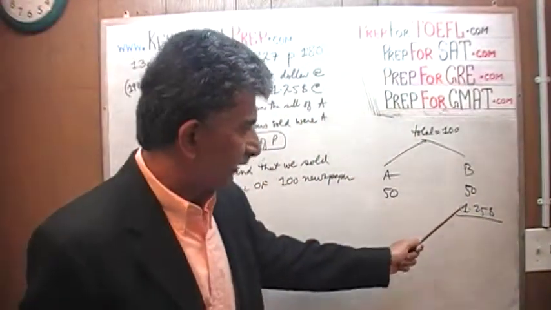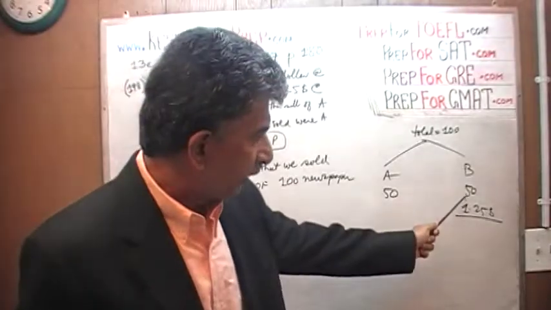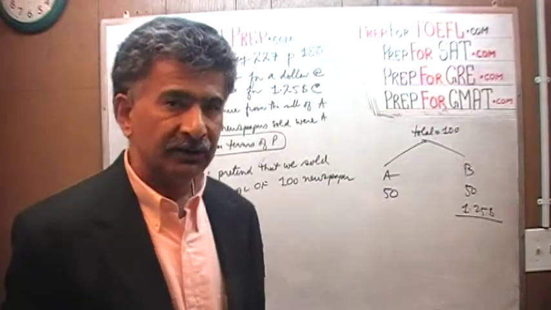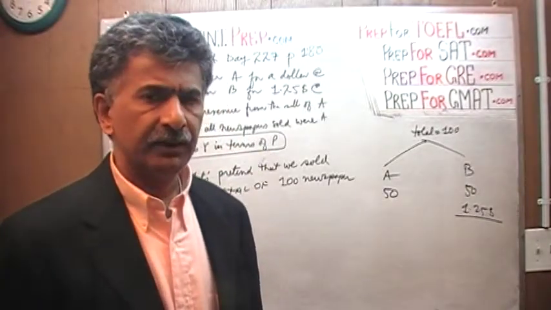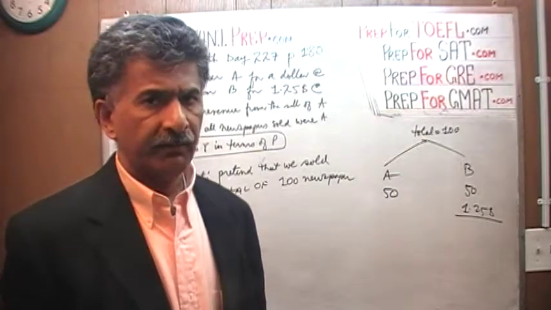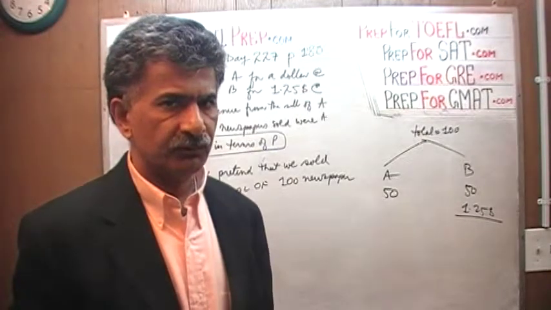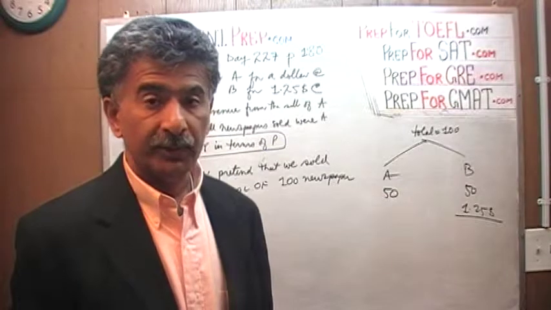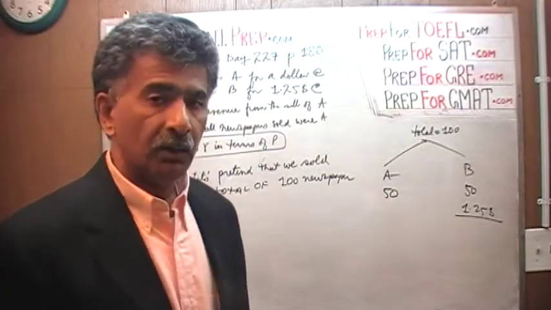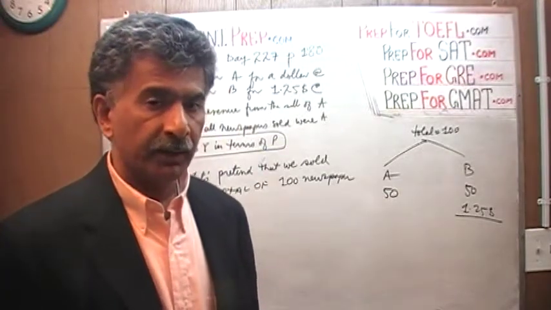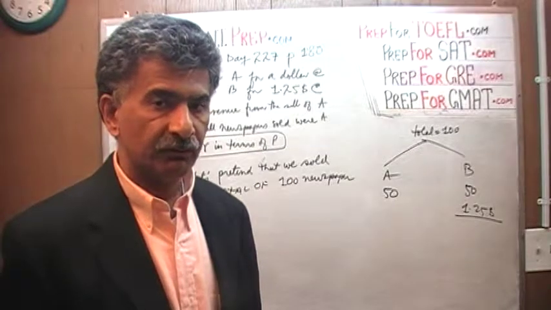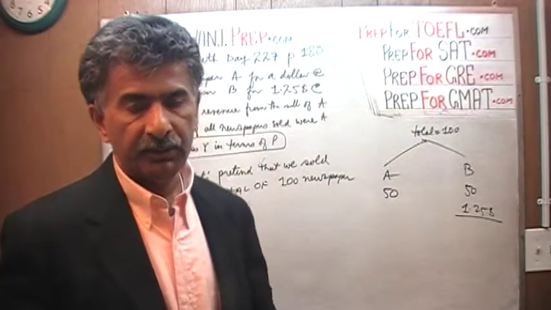Well, 50 times 1 is 50, but to figure out how much money is 50 quarters, it's a bit annoying, because 50 is not divisible by 4. Had we had a number which was divisible by 4, we would have had much less difficulty figuring out how much money it is.